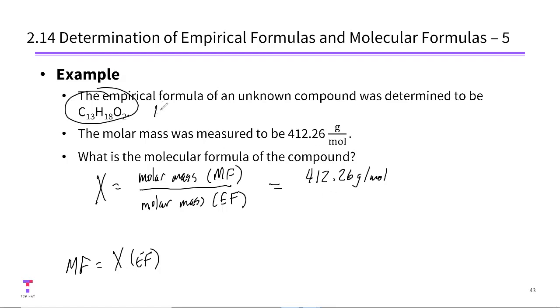So for that, it's 13 times the molar mass of carbon plus 18 times the molar mass of hydrogen and 2 times the molar mass of oxygen. If you do 13 times 12.01 plus 18 times 1.01 plus 2 times 16, you get 206.31 grams per mole.